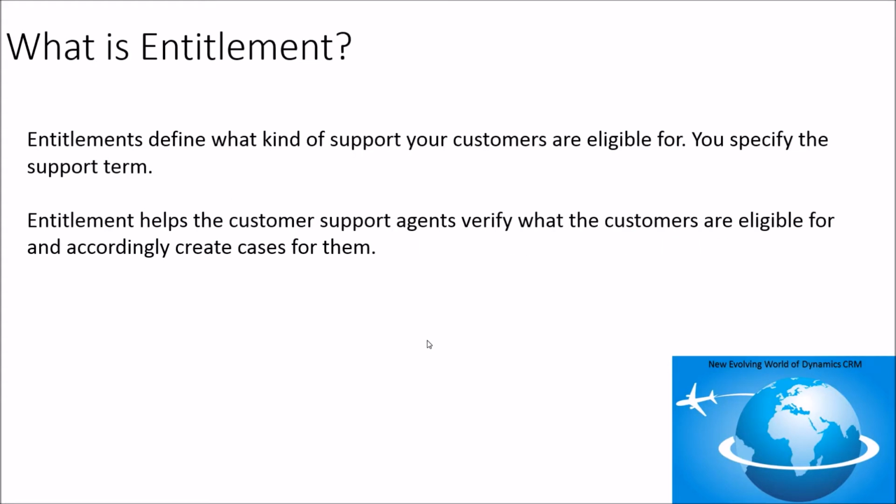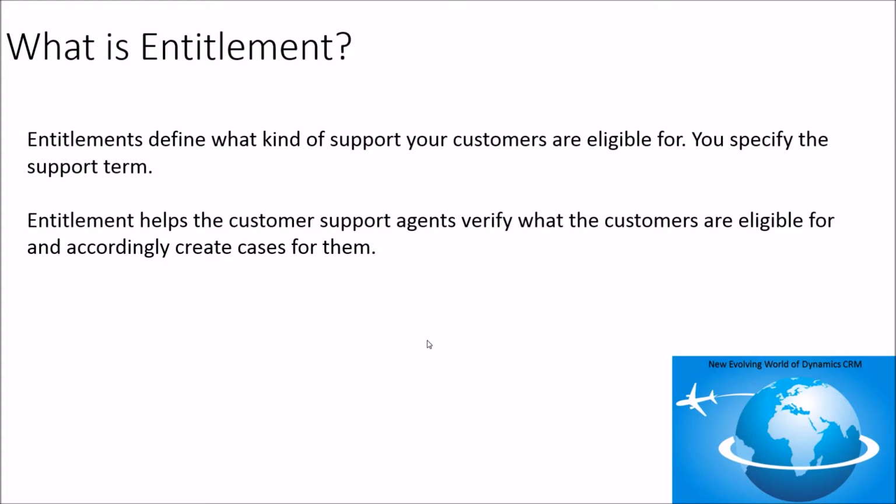So let's first talk about what is entitlement. Again, the focus is not to talk about entitlement today. I will have a separate session for that, but today we're going to talk about how entitlement can be used with SLA and how they solve certain business problems.